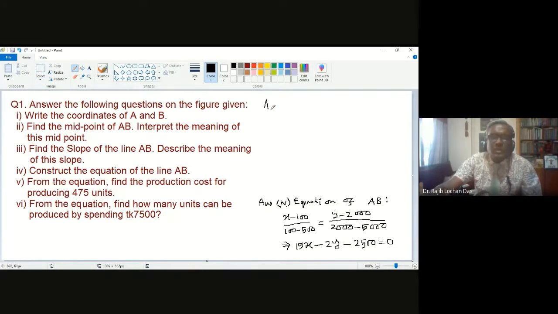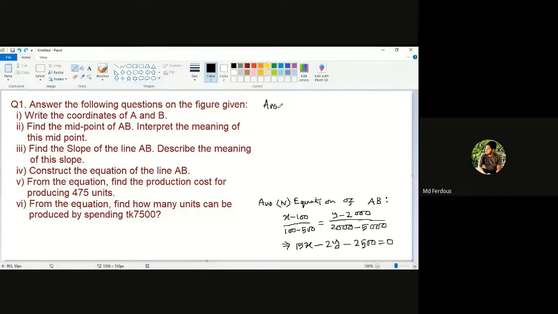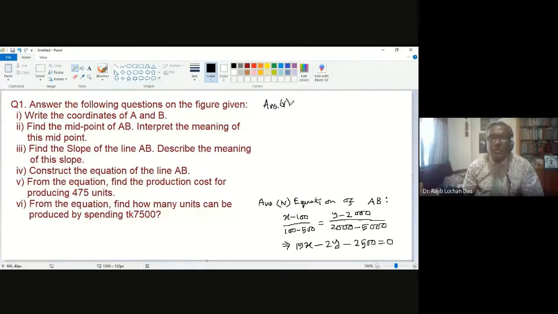Who else can calculate quickly? Yes, sir. Right, sir. It is correct. Okay. Now that is the answer and finish.